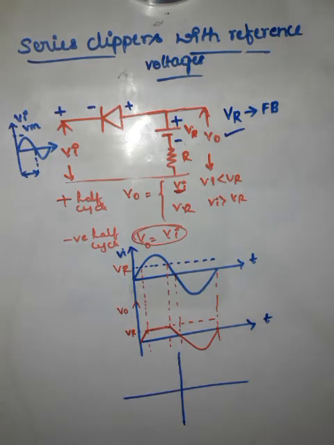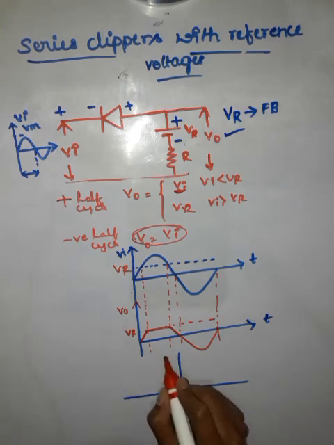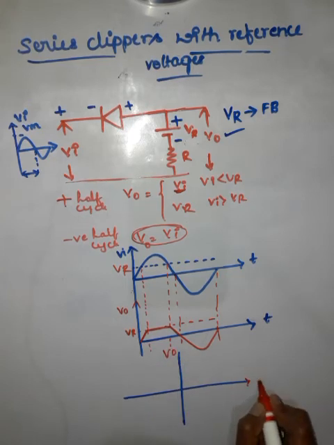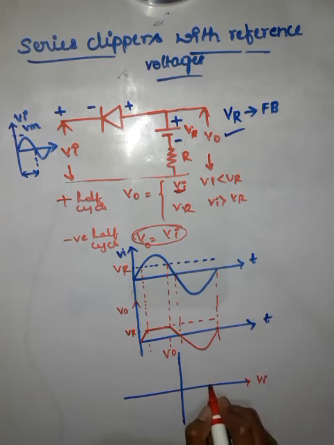Last topic, we need to draw the transfer characteristics of the clipper circuit. For that, I am going to consider output voltage and input voltage. We have a reference voltage VR.